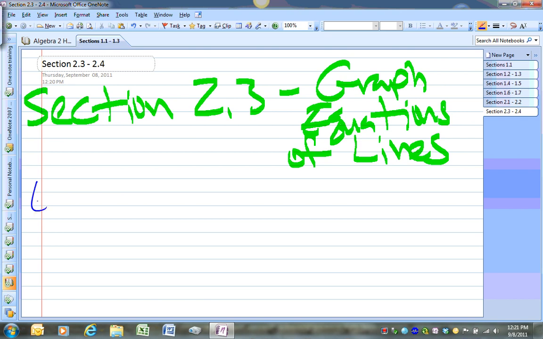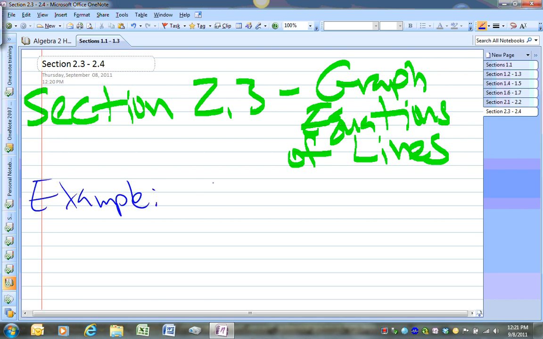Say, for example, you're asked to graph 2x plus 3y equals 12.